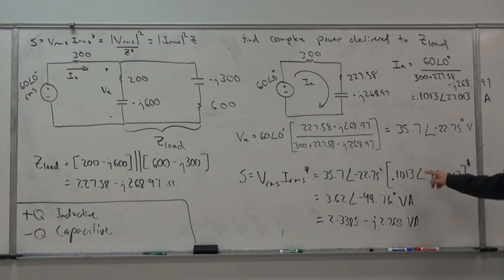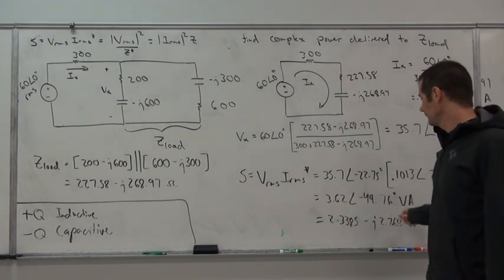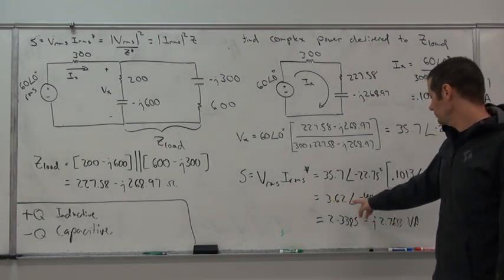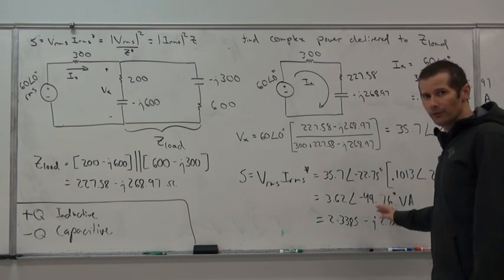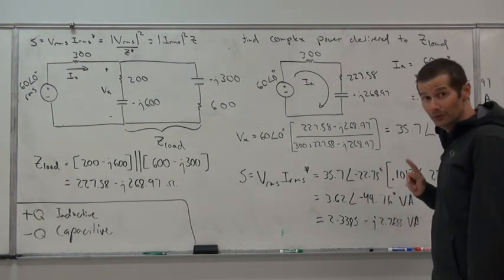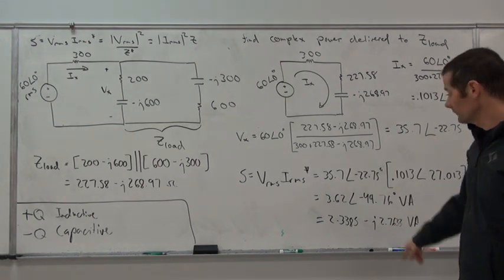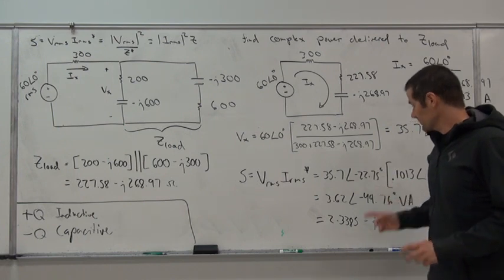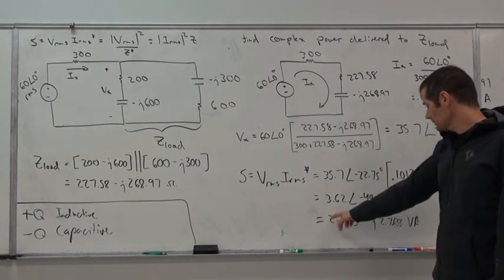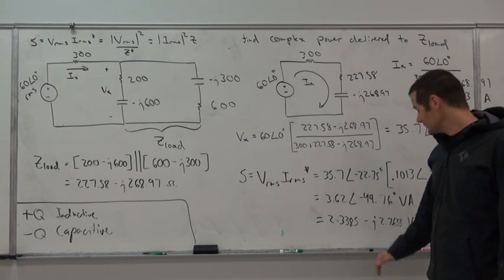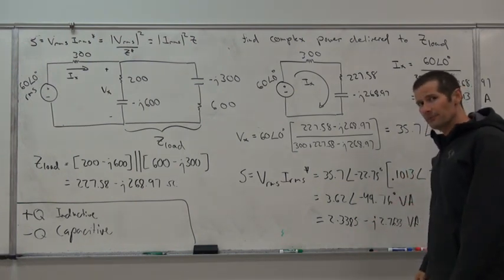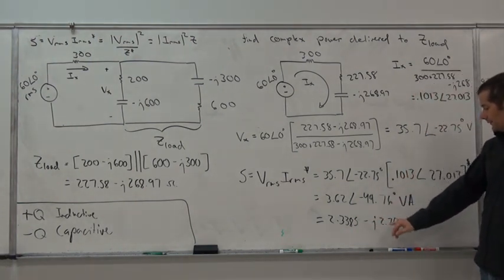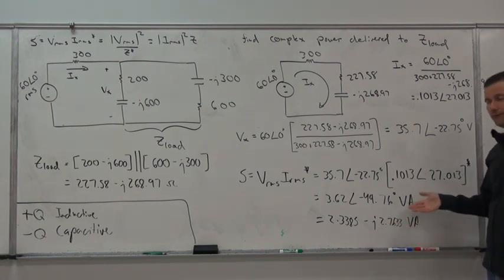That causes the phase angle of 27.013 to turn negative, and that ends up giving us a value of 3.62 at an angle of negative 49.76 degrees volt-amperes. If we convert that into rectangular form, we can see the real and reactive portions. The real portion is 2.3385 watts, while the reactive portion of that power is equal to negative 2.7633 var.